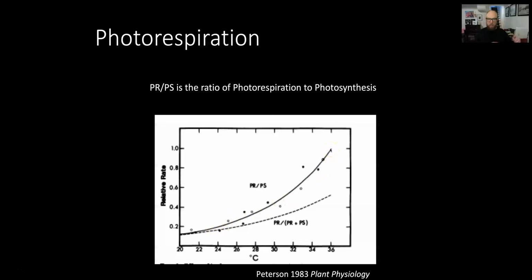So the warmer and warmer it gets, the more and more photorespiration is occurring. That means the plant is not fixing as much CO2, it's losing CO2 through the photorespiration process. And the chance of those toxic compounds building up in the leaf increases as well. This is one of the reasons why really high temperatures really impact the growth of plants, because it's reducing the efficiency of plants taking up CO2.